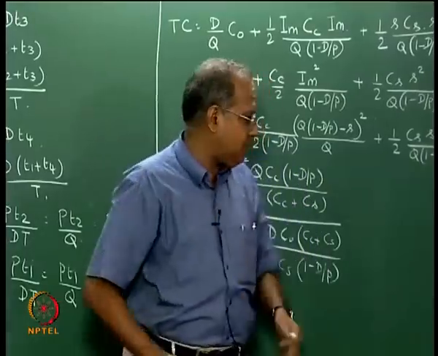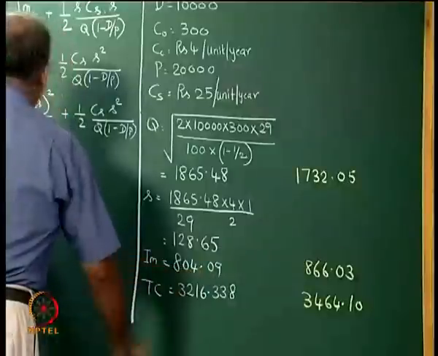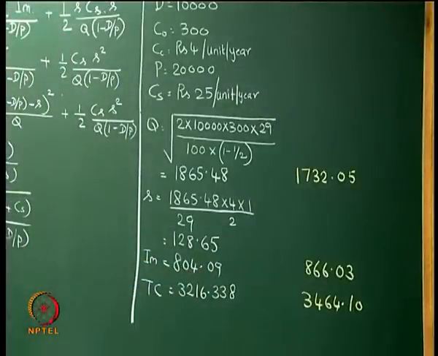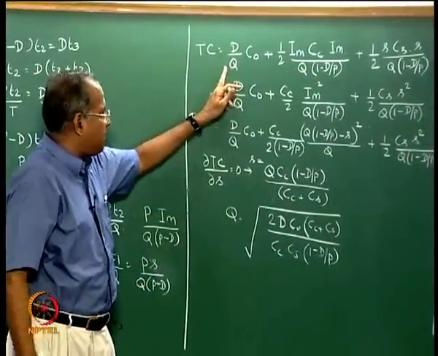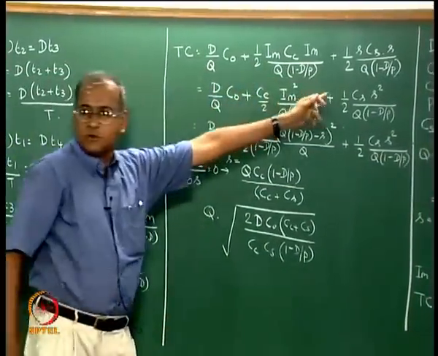We can also show, even though we have not shown it explicitly, that in this model the cost is a trade off between this and these two put together. In fact, at optimum this cost will be equal to those two costs.